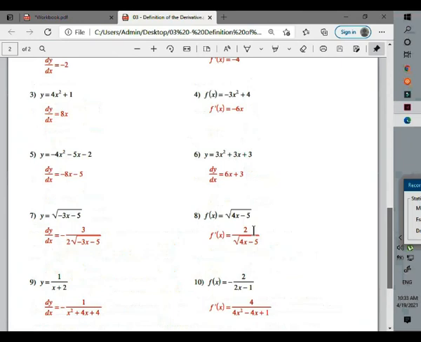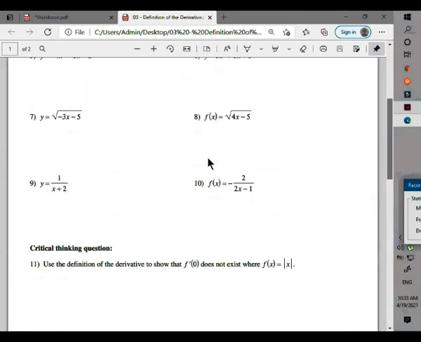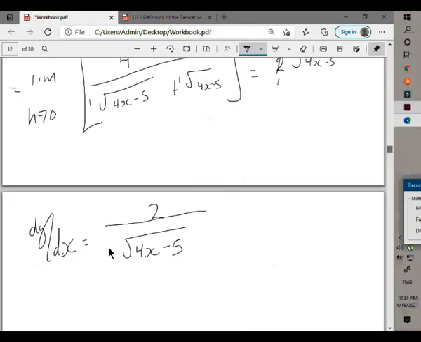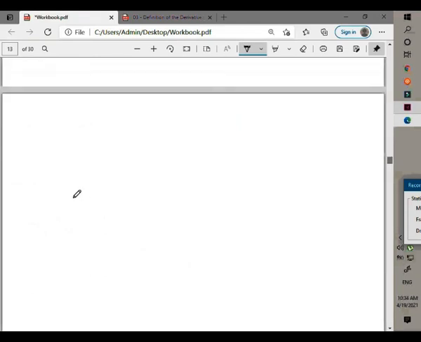Alright, next. I have to check this here to make sure. Alright, what's next? Oh, 1, y is equal to 1 divided by x plus 2.